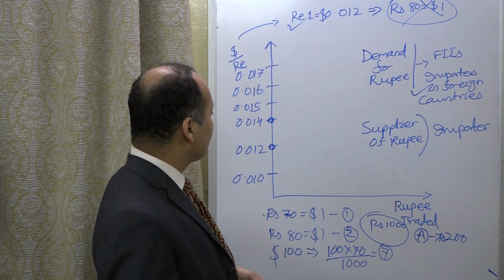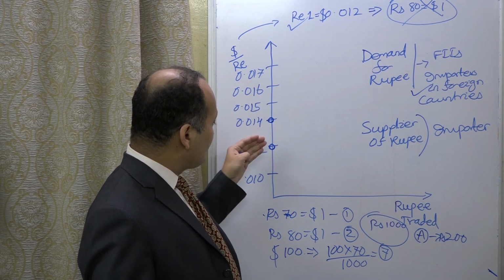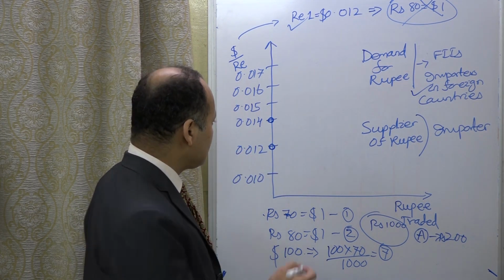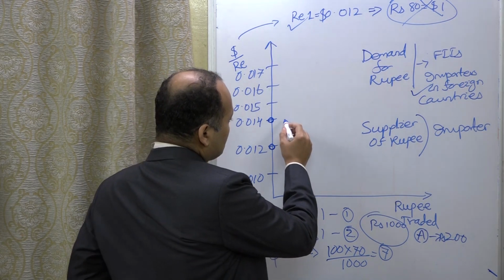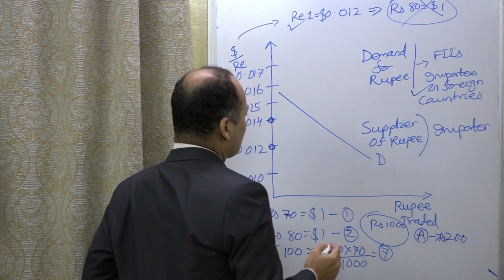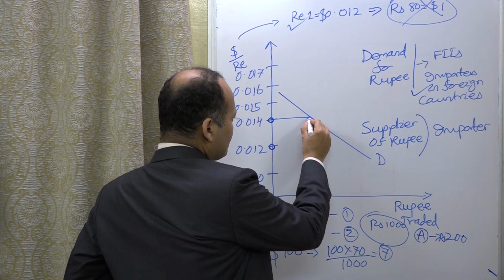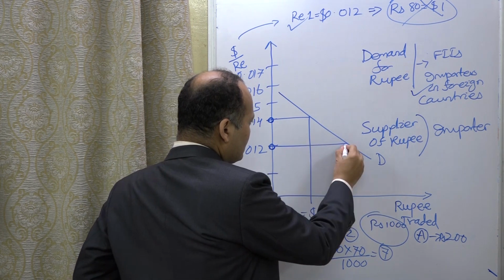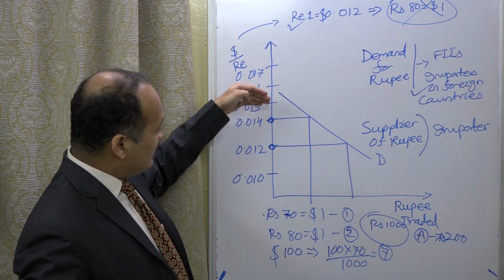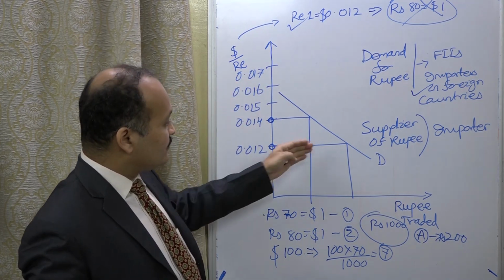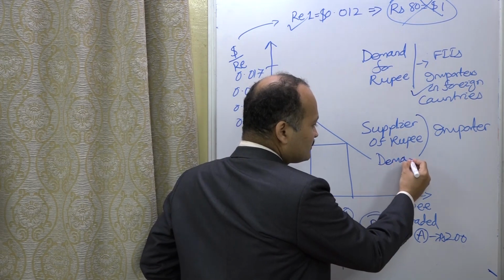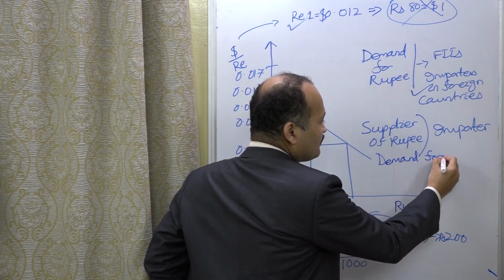Why? Because with the same dollars he is now able to buy more goods or more assets. So the same thing I can represent through a downward sloping demand curve, which tells that the rupee traded increases as the rupee is depreciating, because this D is what? This demand is demand for rupee.